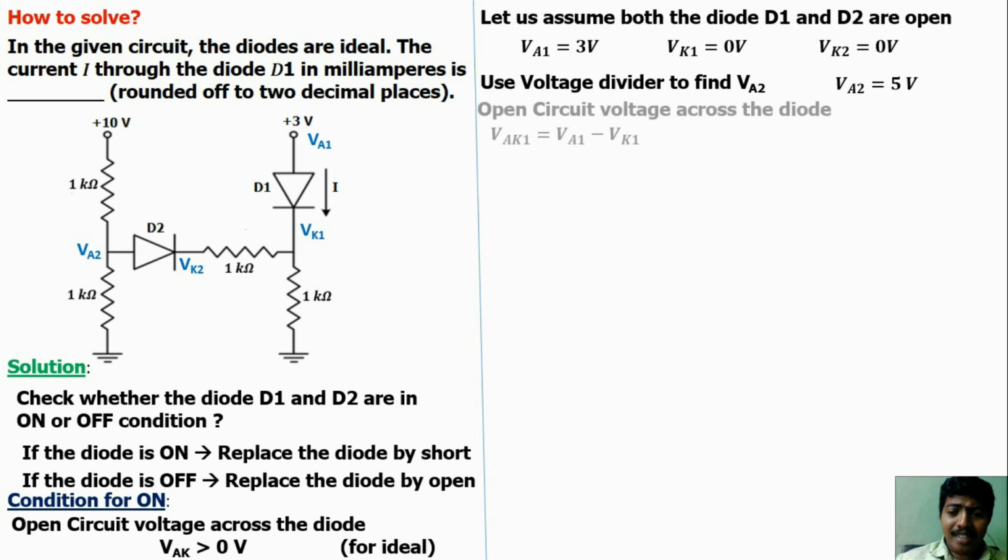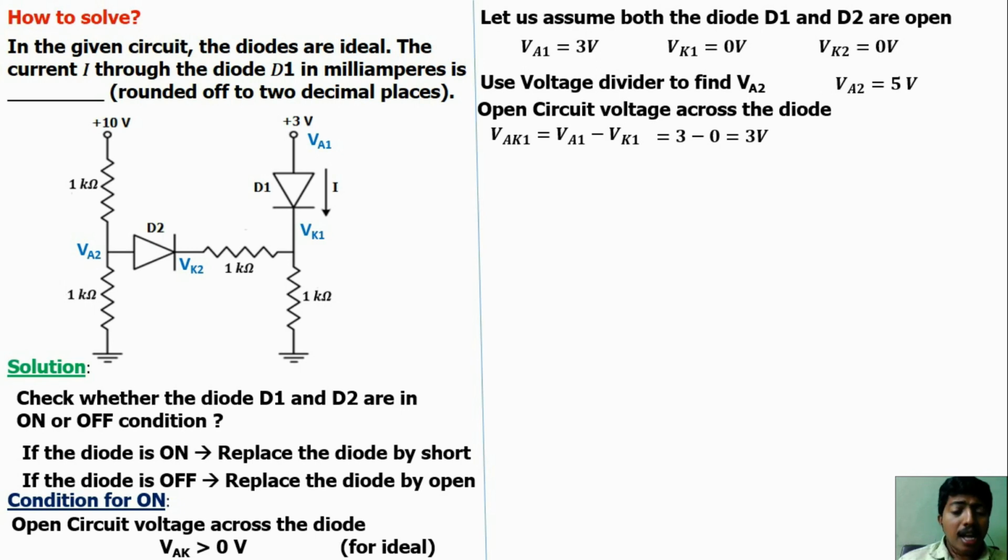Now the voltage across diode D1 is VA1 minus VK1, anode voltage minus cathode voltage. The anode voltage is 3 volt, the cathode voltage is 0. So the open circuit voltage across diode D1 is 3 volt.